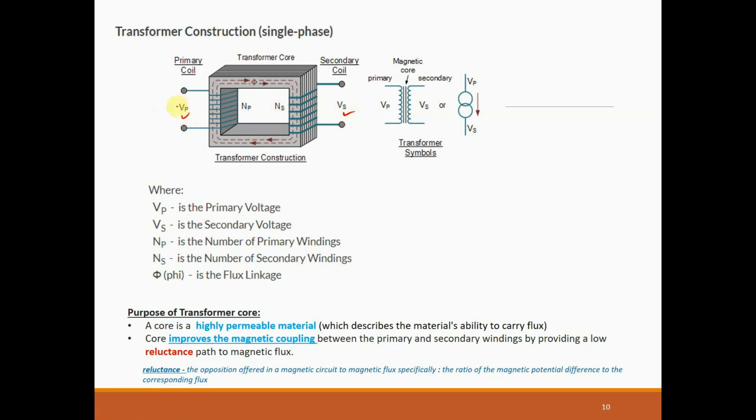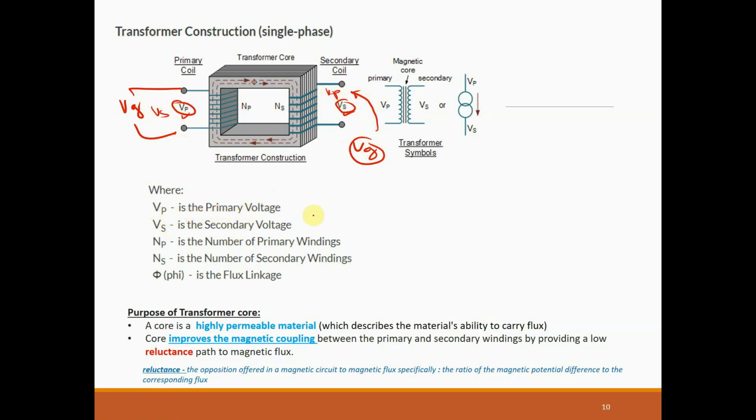Let's say I will use Vg as a source. If I connect the source here, this portion will become Vp and this will become Vs. However, if the source Vg is connected on this side, this will become the Vp and the other will become the Vs. What does it mean?